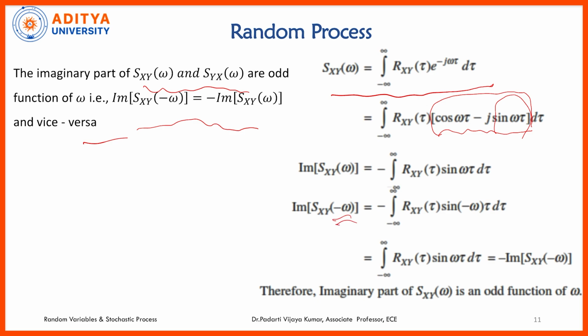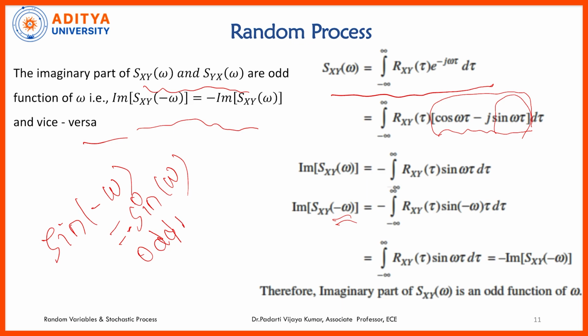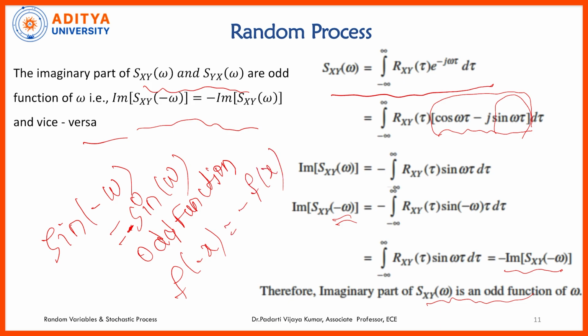Sin is an odd function, so sin of minus omega is equal to minus sin omega. So, what you will get is a minus sign. Clearly this is an odd function of omega, since f of minus x is equal to minus f of x. Since sin is an odd function, the overall function will also be an odd function.